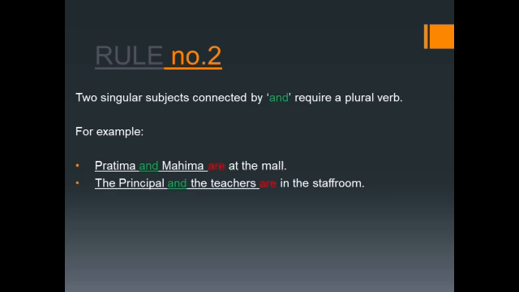In the second sentence, the principal and the teachers are in the staff room. Here again, singular subjects with a plural verb are. Students, remember the verb is plural if two or more singular subjects are joined by and.